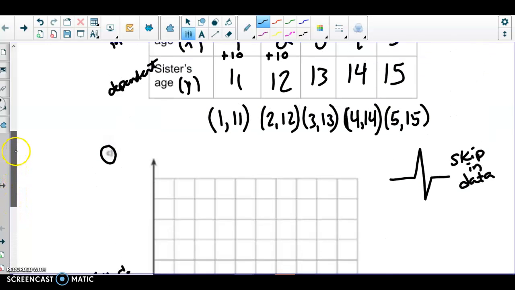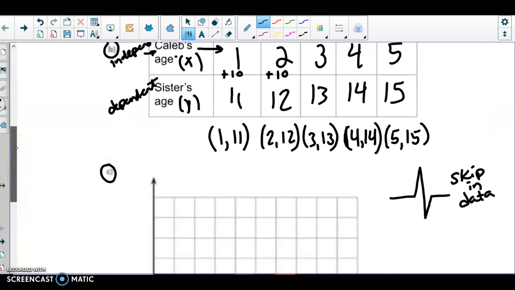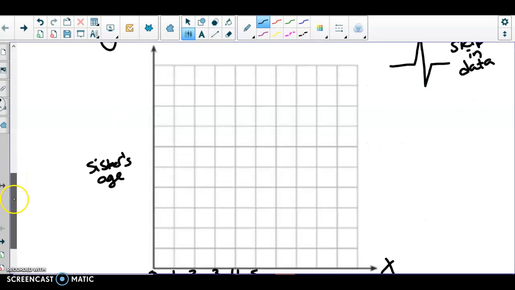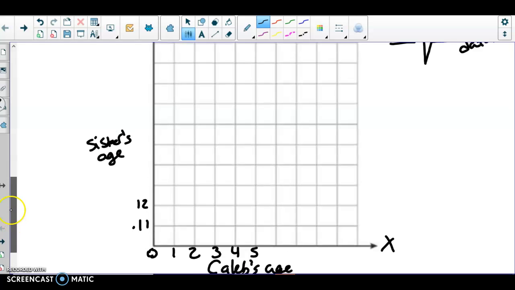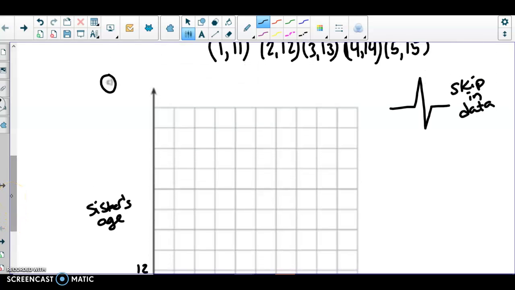I'm going to look back at sister. If you notice, I start at 11 and end at 15. I need my number line to show what I'm counting by. Here they counted by ones, which is really great. But if I started like this, when I go from 0 to 11, that tells me I'm counting by 11s. I actually don't want to count by 11. So I'm going to use this very handy symbol that looks like a heartbeat to me, and it's called a skip in data.